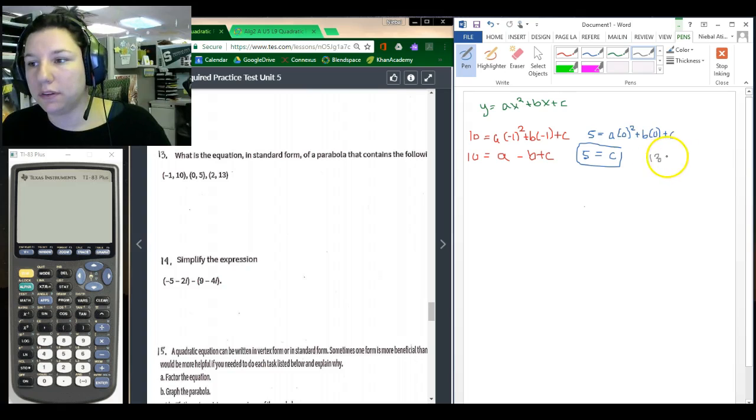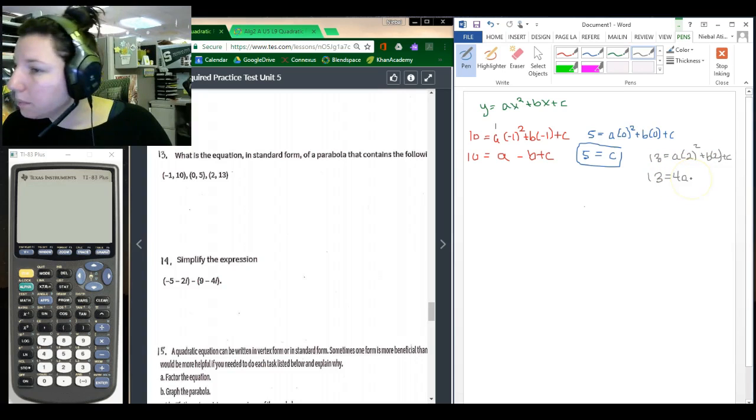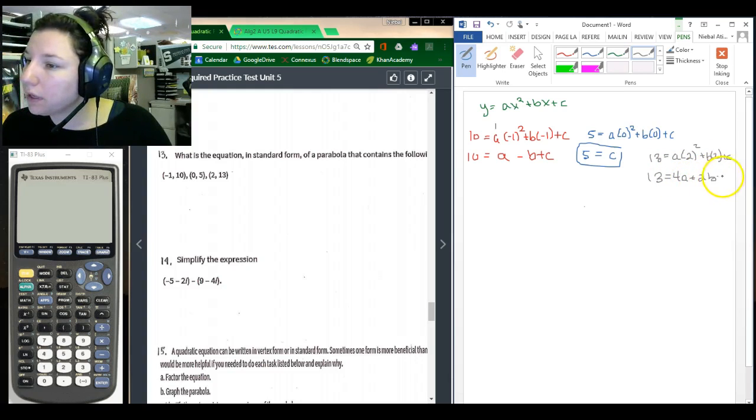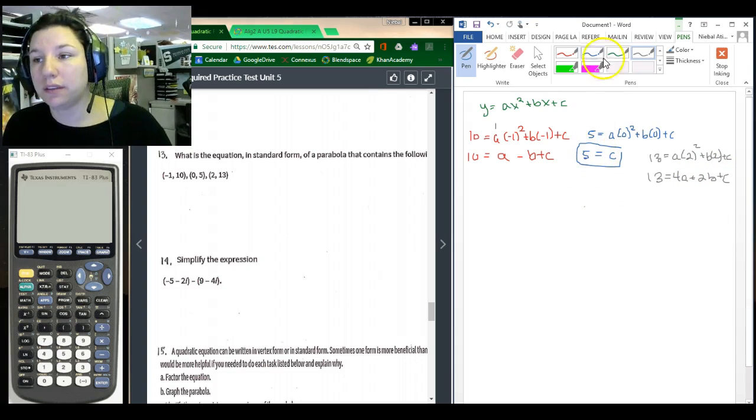We have 13 equals A times 2 squared plus B times 2 plus C. So 13 equals 4A plus 2B plus C. Okay, now I know what C is, so we can go ahead and substitute those in.